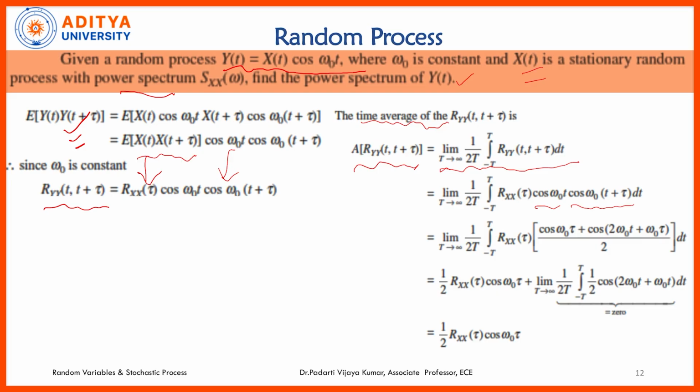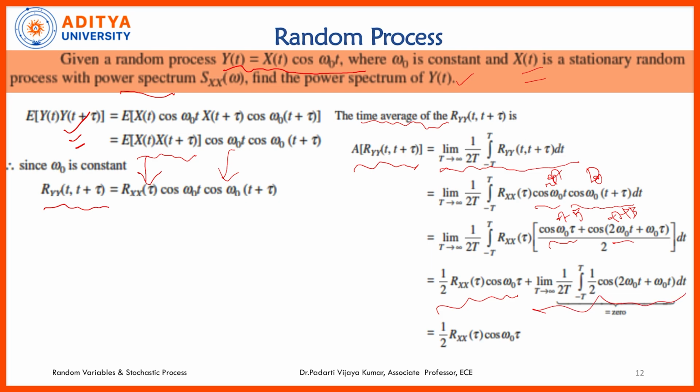So, this is in the form of cos A cos B. Cos A cos B is written as cos A minus B plus cos A plus B divided by 2. Now, the integration of this function will be 1 by 2 Rxx of tau cos omega naught tau.